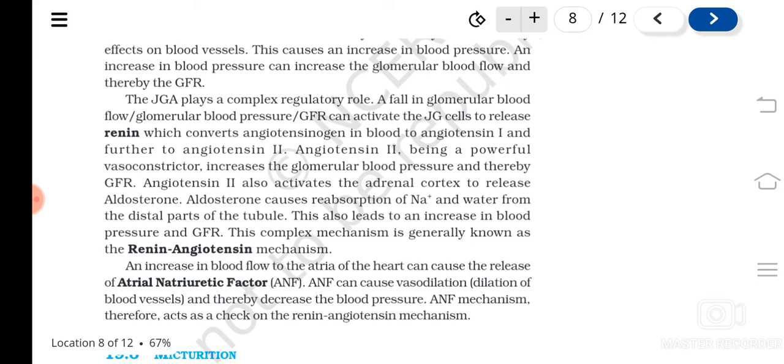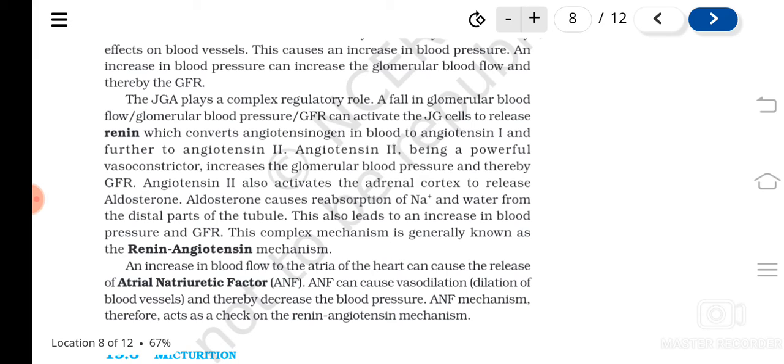Renin helps to convert a protein, angiotensinogen. It is there in the blood and will first be converted into angiotensin 1 in the presence of the hormone renin, and then angiotensin 1 will be converted to angiotensin 2.